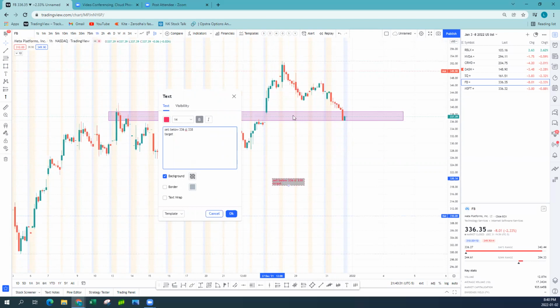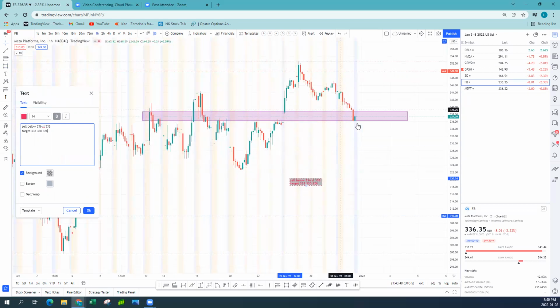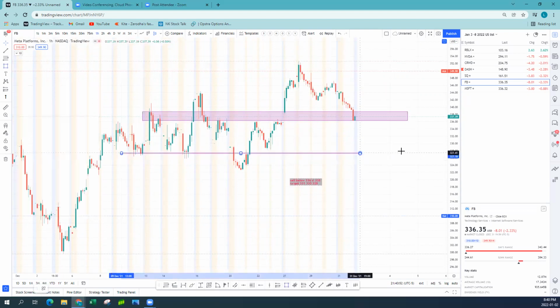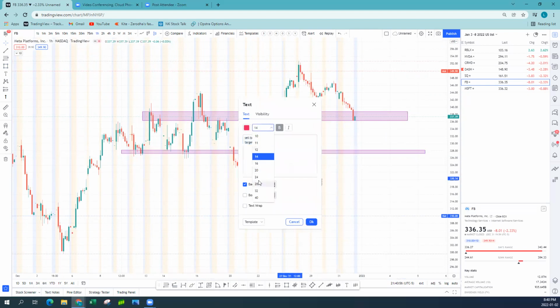Target for that one, the first target should be very small, like 333, and the next target by 330. If you get 329, that would be awesome. You can also get 328 for sure if it breaks those areas, and it can come to this area. Okay, I'll make it a little bit larger so you can see.